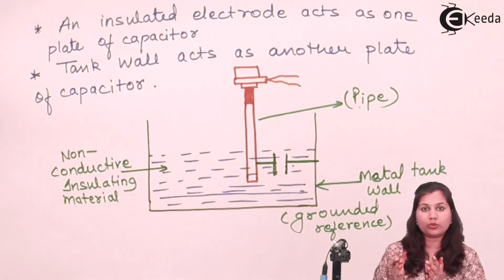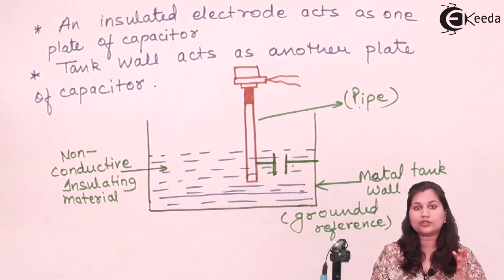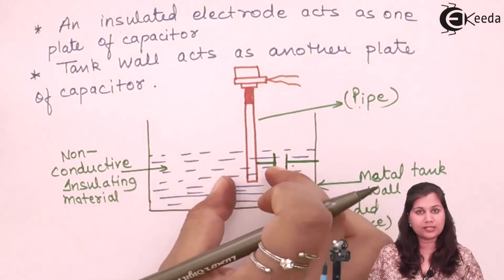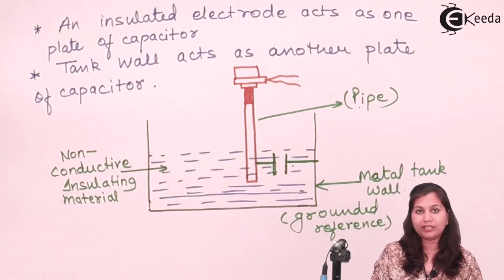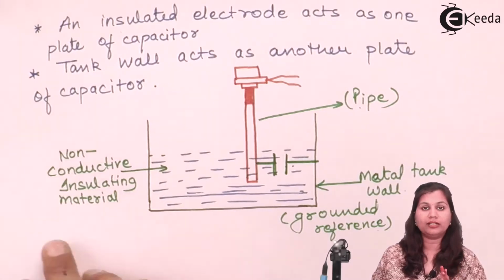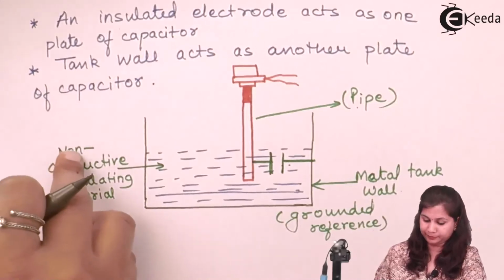So this is going to affect the dielectric constant and the capacitance of this instrument. As the level is changing, the capacitance is also changing. In this way we can find out the liquid level by measuring the change in the capacitance.